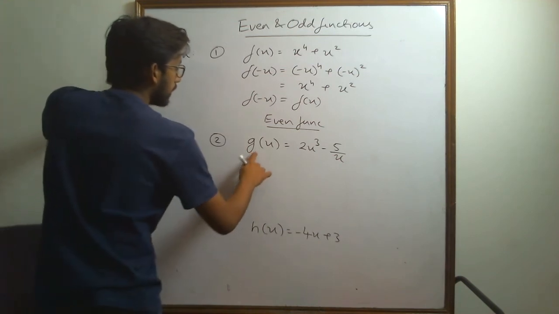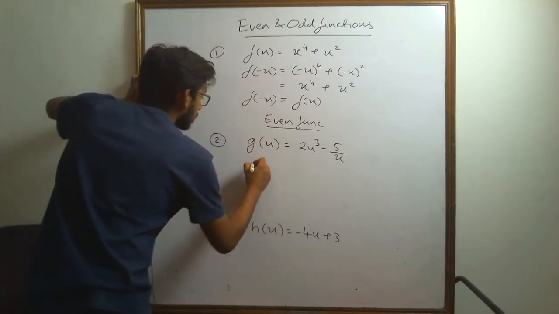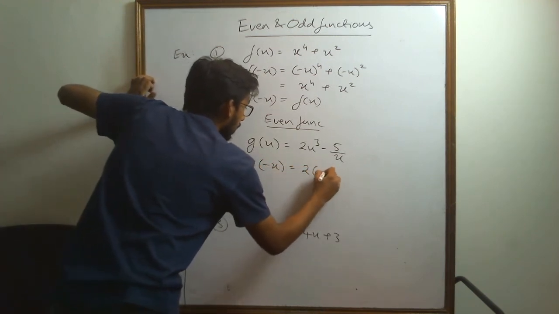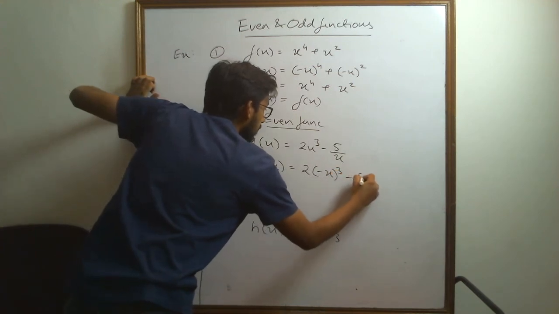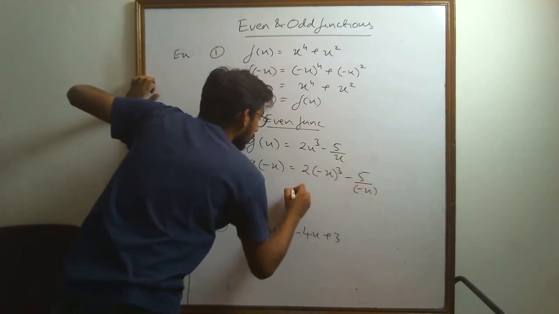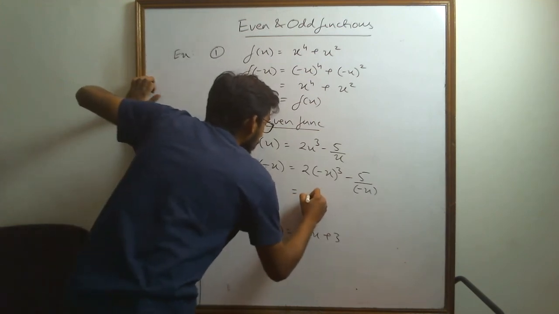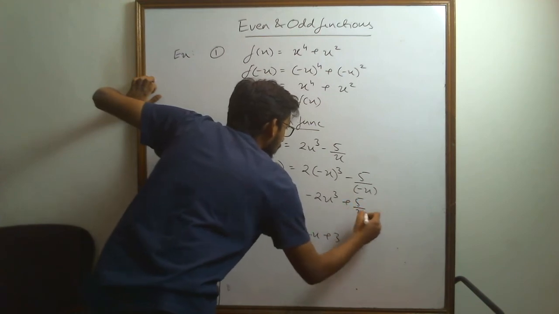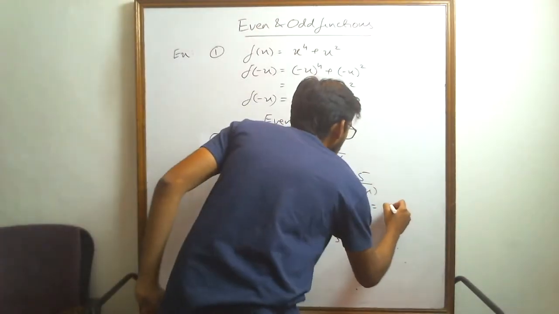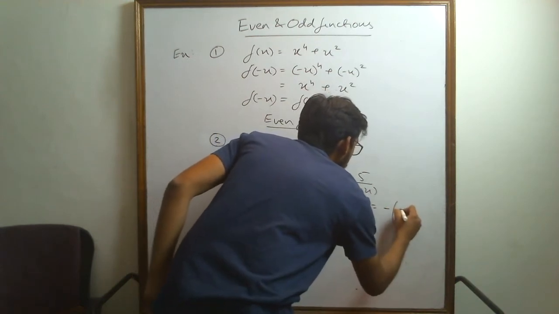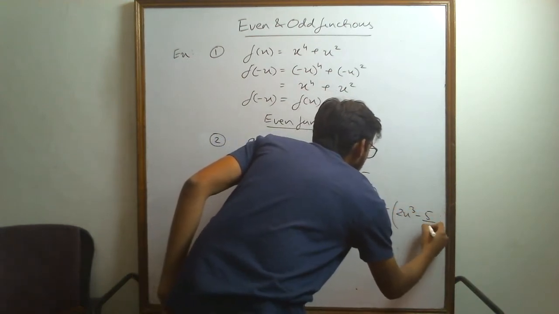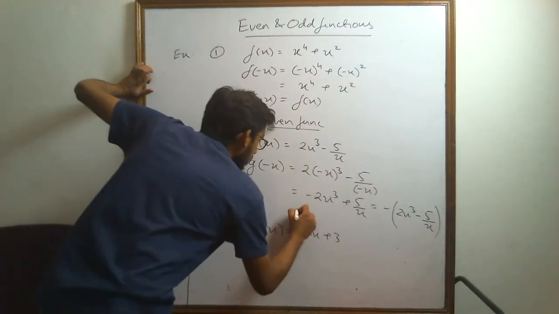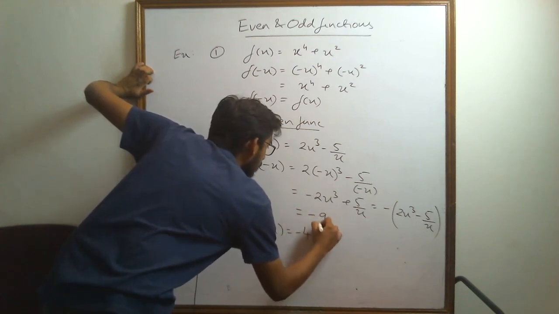Second example, g of x is equal to 2x cubed minus 5 by x. g of minus x is equal to 2 into minus x whole cube minus 5 upon minus x, which is in fact equal to minus 2 into x cube plus 5 by x, which is equal to minus of 2x cube minus 5 by x after taking one negative common, which is equal to minus of g of x.